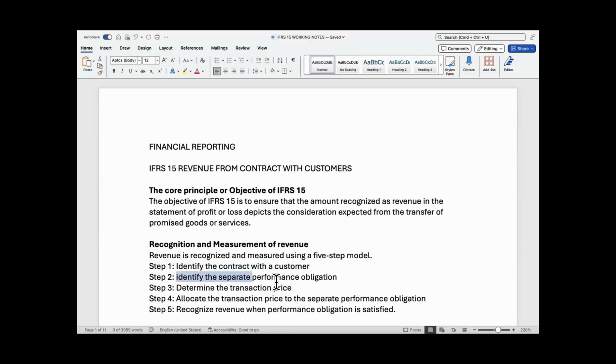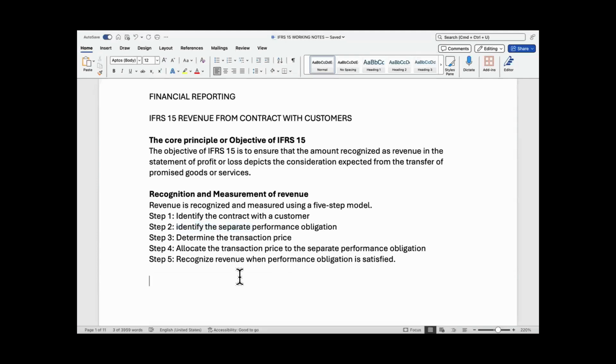Step 3 is to determine the transaction price. Step 4 is to allocate the transaction price to the separate performance obligation. Step 5 is to recognize revenue when performance obligation is satisfied. Now, we would pick each of these steps one after the other and explain it. And as soon as we are done with that, then we are done with this topic.